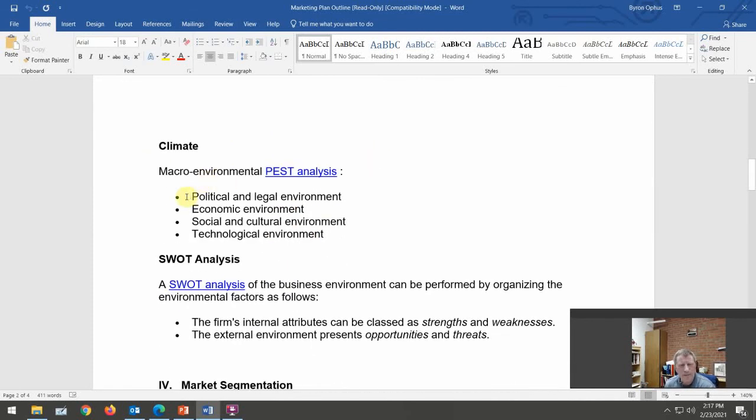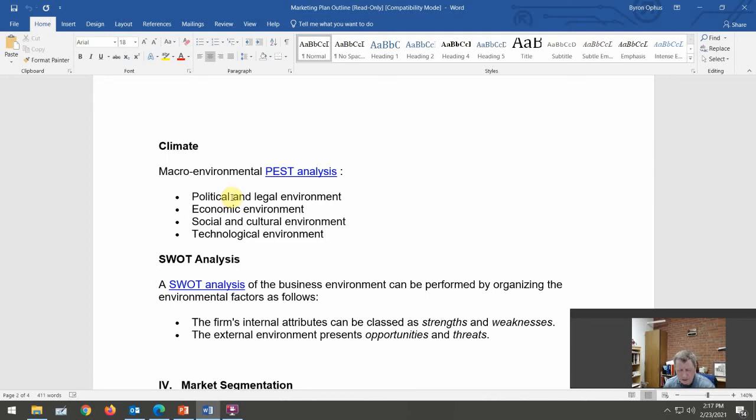The climate, yeah, and we're not talking about whether it's hot or cold, okay, but we're talking about the political and legal environment. Some of you have chosen businesses that do require licensing. I think there's one of you that has chosen a business in the firearms industry. Guess what? We have a new president. Is there some risk involved with that? Absolutely.